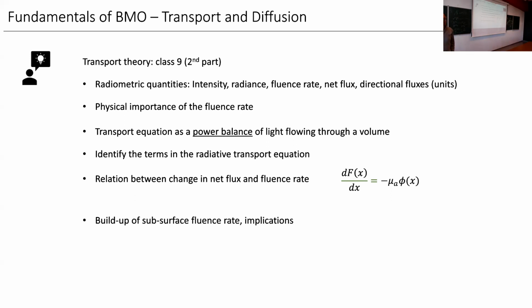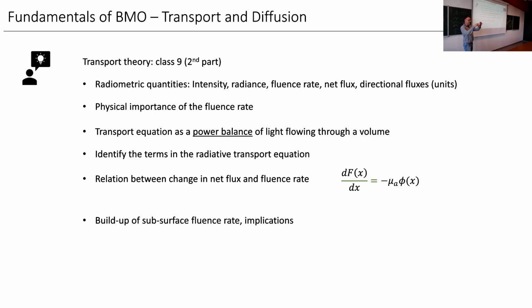Fluence rate is the most important one. Do you want to know what the units of fluence rate are? Yeah, it's watt per square meter, so that is joules per second per square meter. So there is a per second in there.